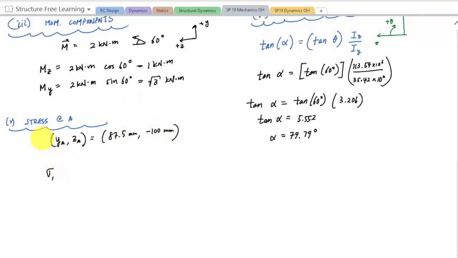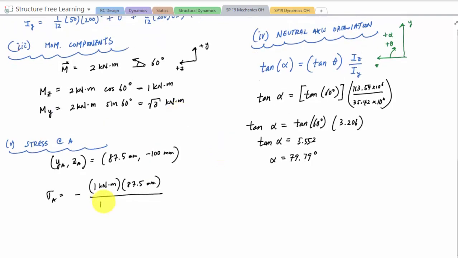So sigma at A is negative 1 kilonewton meter, the MZ, times Y, which is 87.5 millimeters, divided by the moment of inertia about Z, which was 113.54 times 10 to the 6 millimeters to the fourth, plus square root of 3 kilonewton meters times negative 100, the Z distance, divided by IY, which was 35.42 times 10 to the 6 millimeters to the fourth.